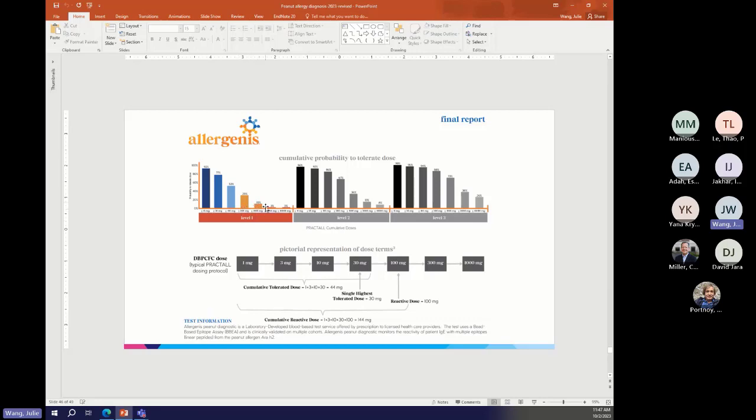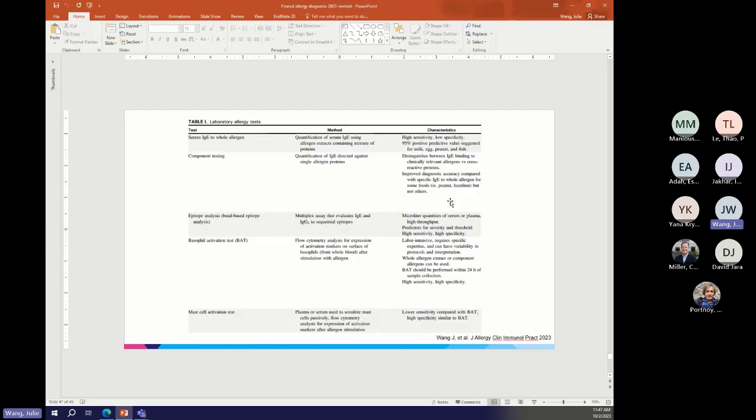If you're level 1, very few people are able to tolerate this dose. At level 2, about 30-something percent are able to tolerate this dose. And for higher threshold people, 70-something percent of individuals are able to tolerate about a peanut's worth. So this test can start distinguishing between phenotypes of peanut allergy.